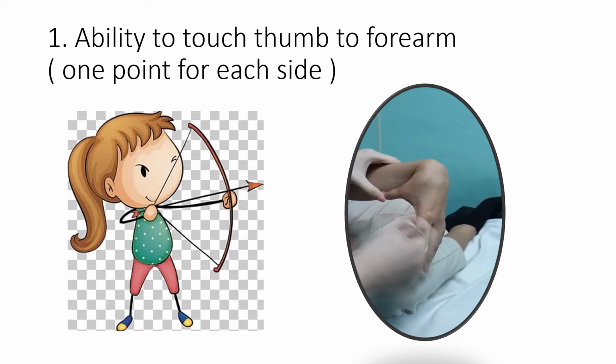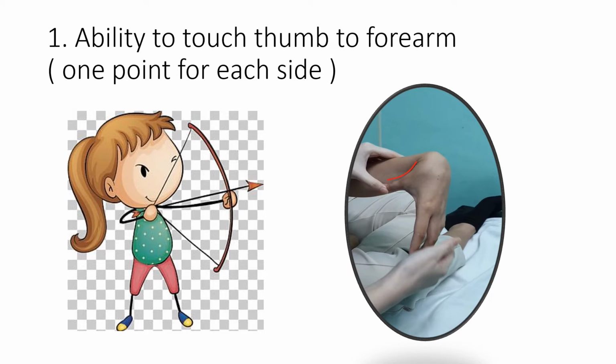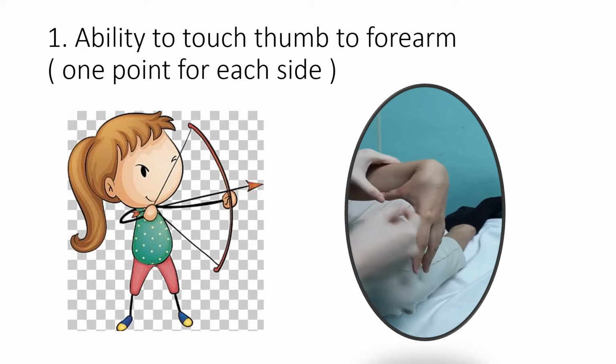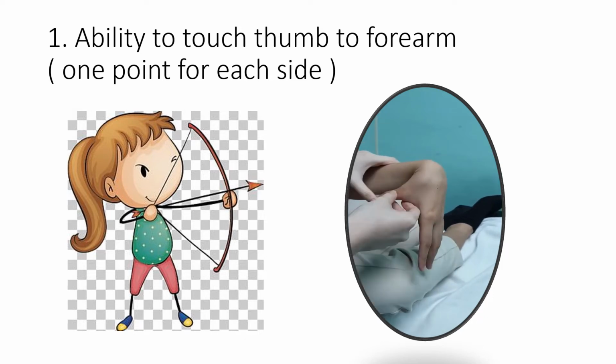If the thumb cannot be passively dorsiflexed to the flexor aspect of the forearm, there will be a 0 point. You will see from this video. What I mean, I did a slow motion for this video, and you can see whereby the thumb is able to passively dorsiflex to the flexor aspect of the forearm.